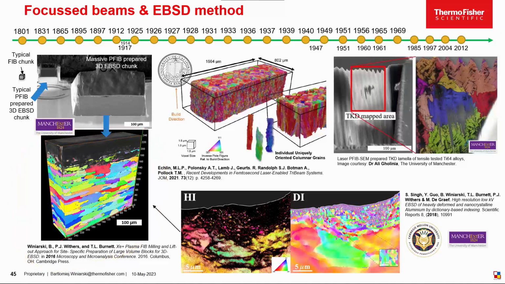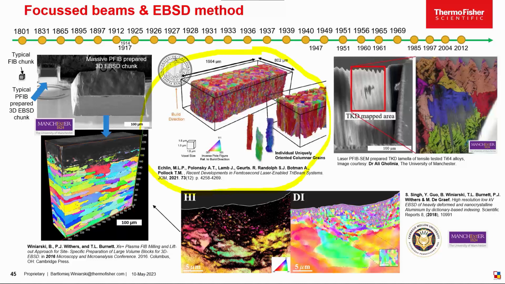Since the sample was resected from a shot-peened aluminum alloy, the top volume is not indexed. In this area there are heavily deformed nanocrystalline grains. To aid indexing of such a microstructure, the dictionary-based method of pattern indexing was used, as shown at the bottom. Top center shows a large 3D EBSD of additively manufactured nickel superalloy.